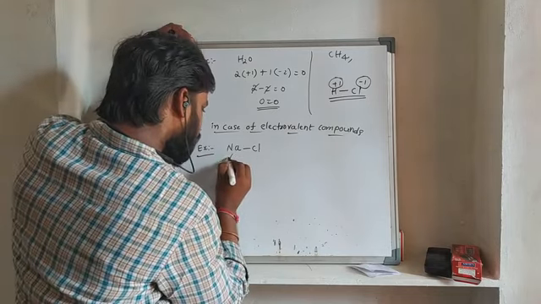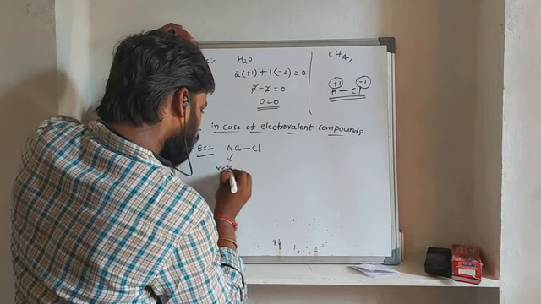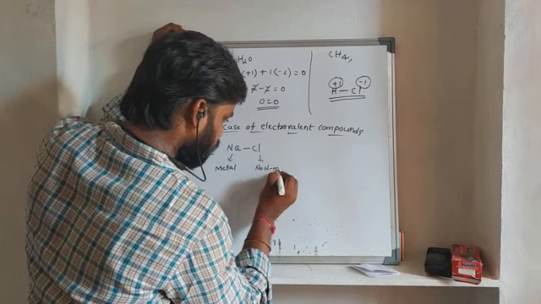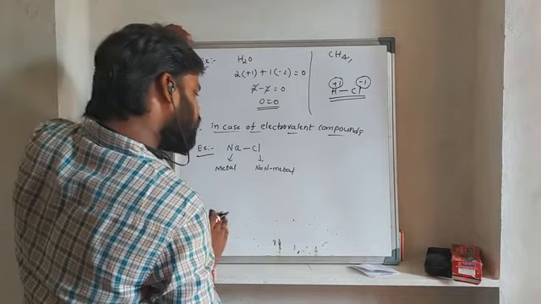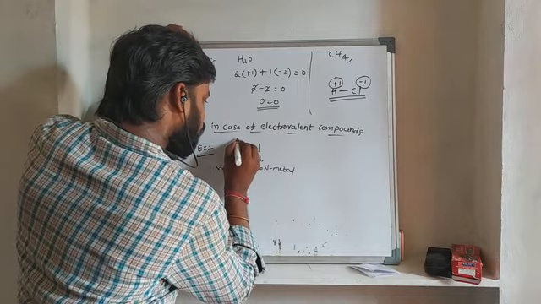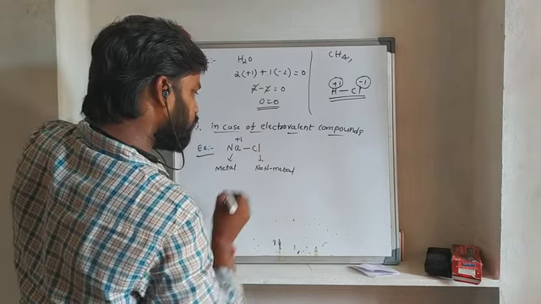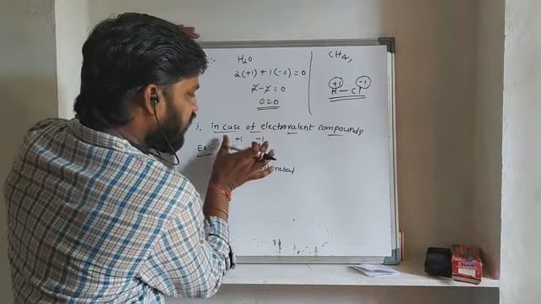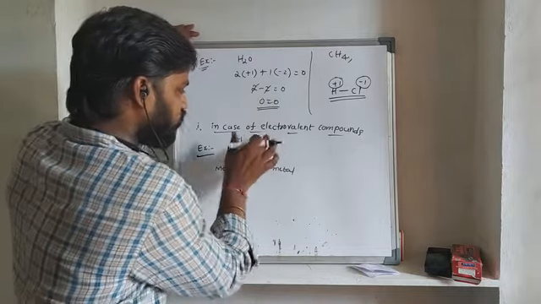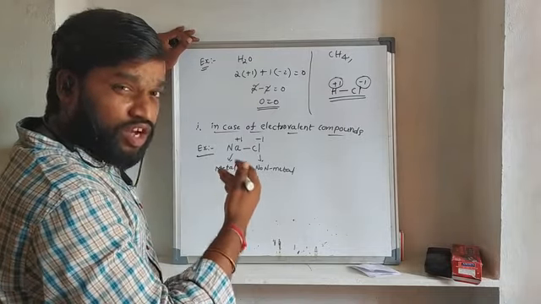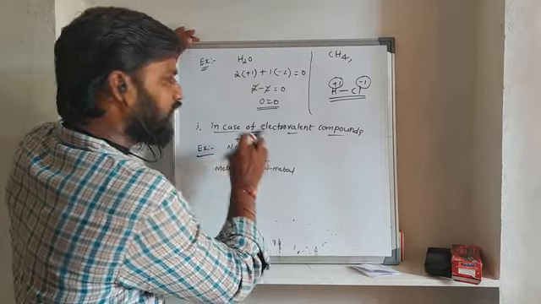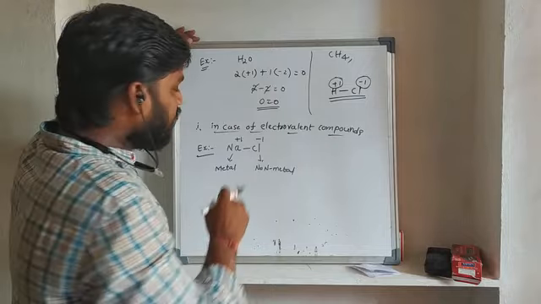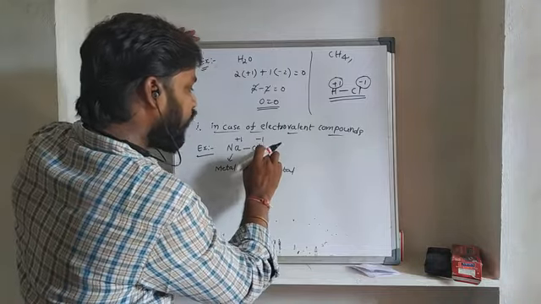In NaCl, sodium is the metal and chlorine is the non-metal. In NaCl, positive charge acquired on sodium, negative charge acquired on chlorine. These charges are developed by the transfer of electrons from one atom to another atom.